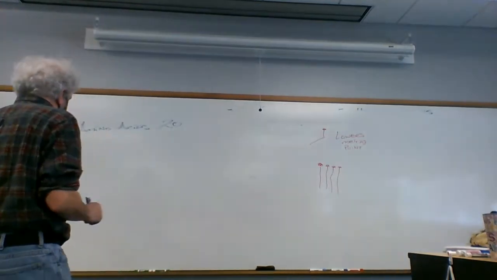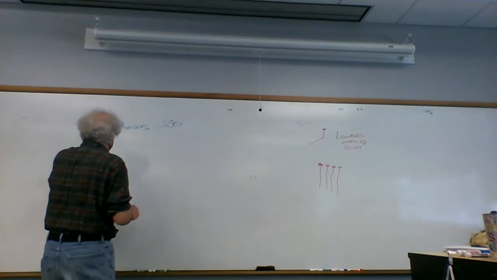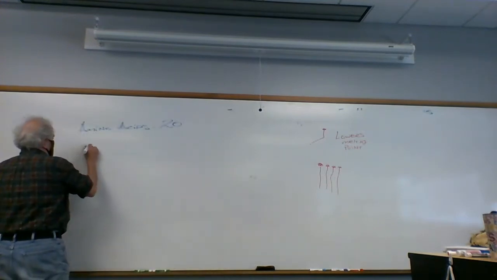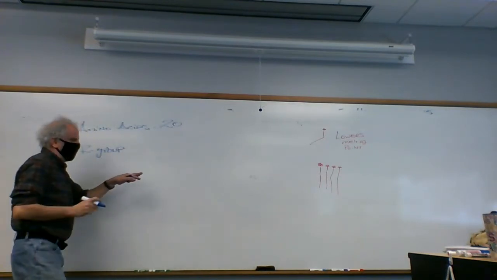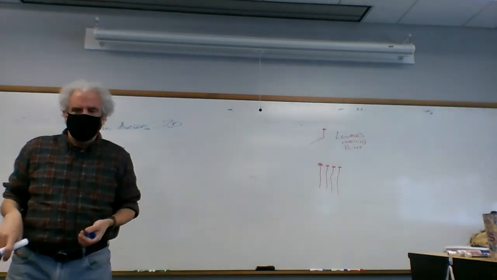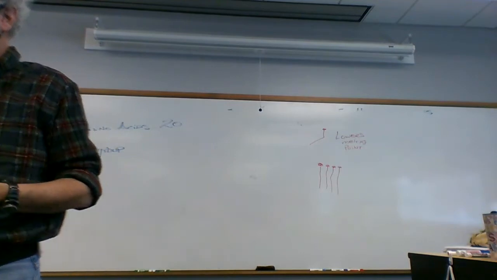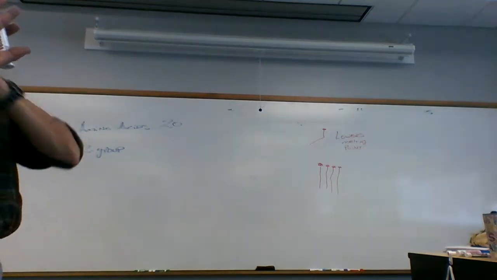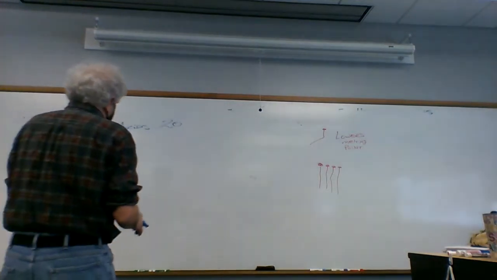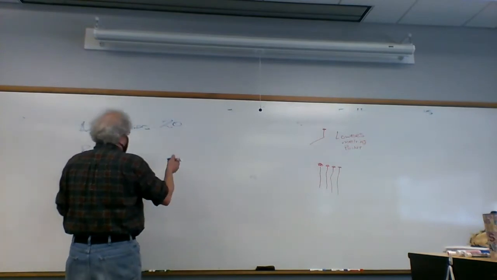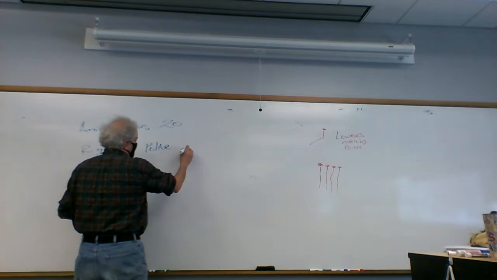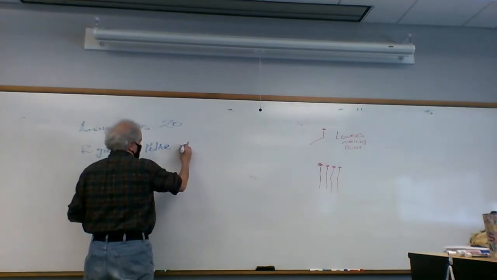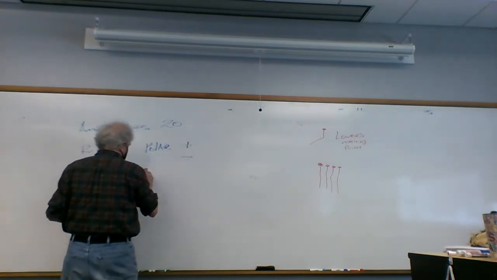Now, the amino acids have the R group. And that R group, if you take my biochemistry, you have to memorize all the R groups, but fortunately we don't need to at all. We can categorize them based on their chemistry. We have R groups that are polar, and some have a positive charge, some have a negative charge.